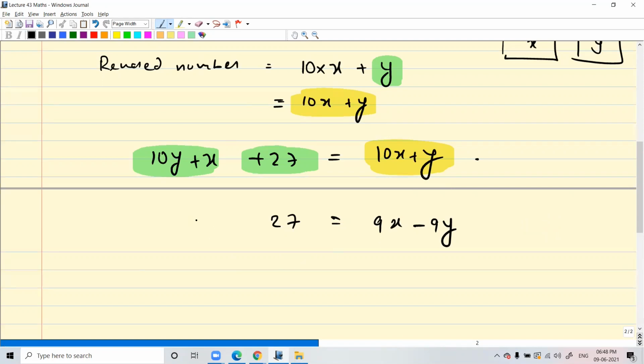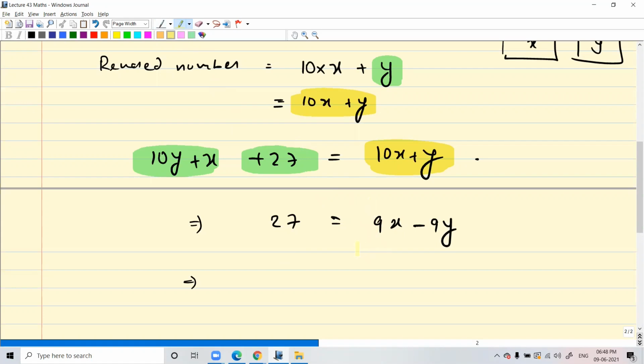So what can we do next? What should we do next to simplify it further? Can anyone tell me? Sir, take the 9 into the... Okay.